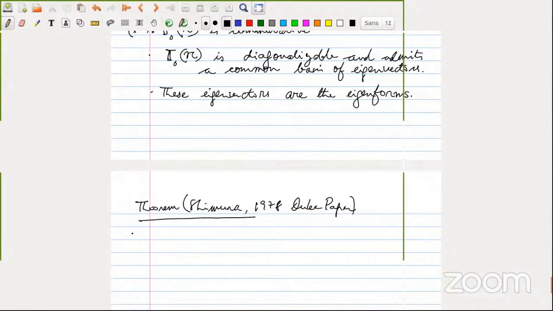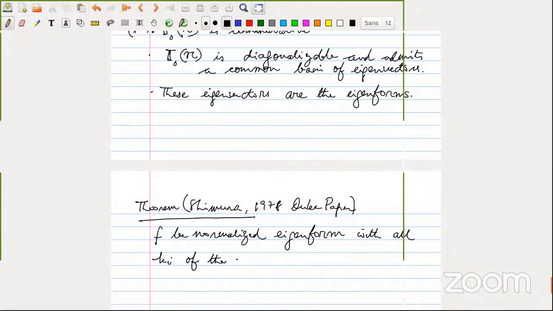So if I have f to be a normalized eigenform, but with one condition, a condition on the weight, with all k_i of the same parity.